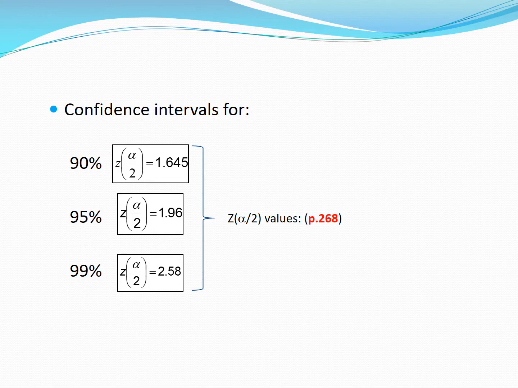Then just a note on the confidence level. If my confidence level increases, then my confidence interval will become wider since you are more confident that the population mean will be included in your confidence interval.